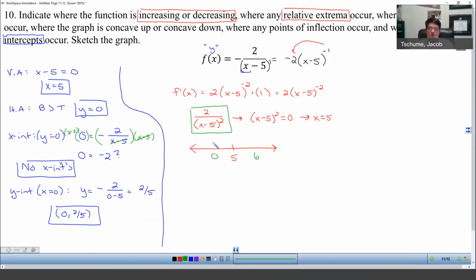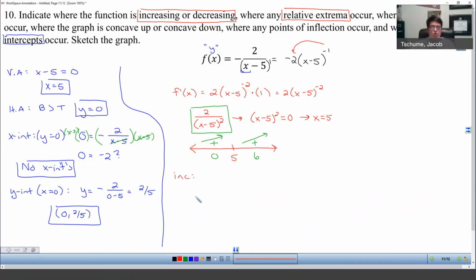If you plug 0 into this, you should get a positive answer, which means it's increasing to the left of 5. And if you plug 6 into the first derivative, you should also get a positive answer, which means you're also increasing to the right. Now, what I see some students mess up on this one is that they think if you're increasing on both sides, that means you're increasing everywhere.